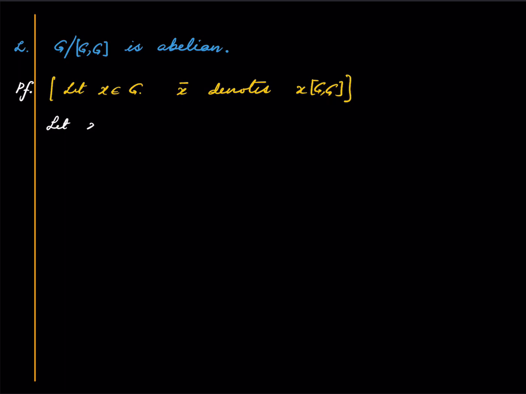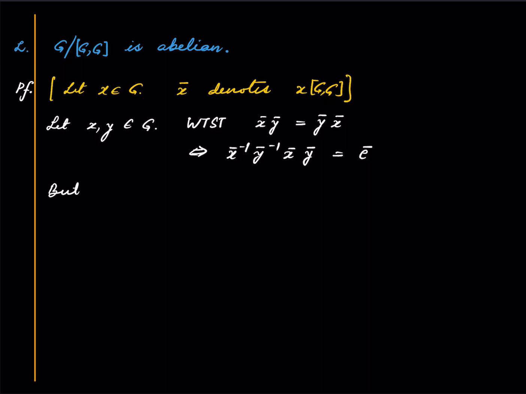Now let x and y in G be arbitrary. We want to show that x bar y bar equals y bar x bar. This is what will show the abelianness of the quotient group. So this is equivalent to showing that x bar inverse y bar inverse x bar y bar is equal to E bar, where E is the identity of G. That's what we want to show.